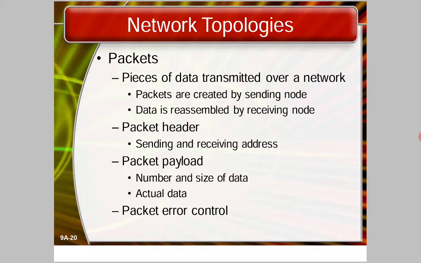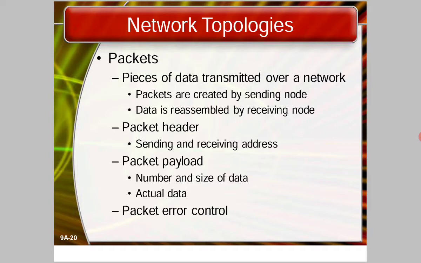Every packet has a packet header, with the sending and receiving addresses of the network. What is a packet header? It generally contains where the packet is sent from and what the receiver station's address is.